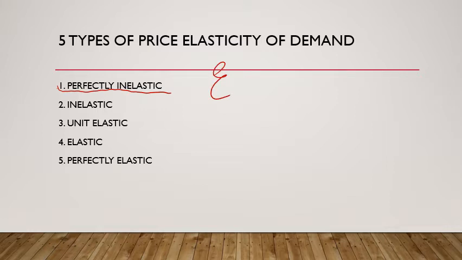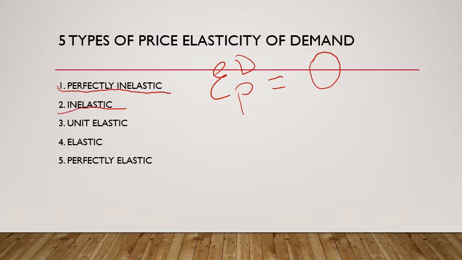Mathematically, it would be this. P for price, E, that's the coefficient, price elasticity of demand coefficient. D, well, D just telling us that we're dealing with consumers. So mathematically, a perfectly inelastic demand would be shown by the coefficient of 0. I'll explain that as the lecture progresses.